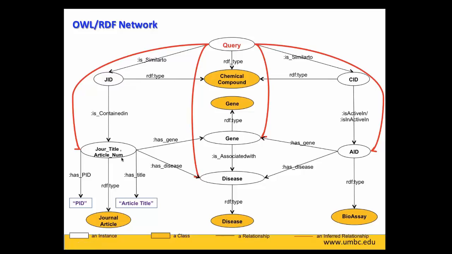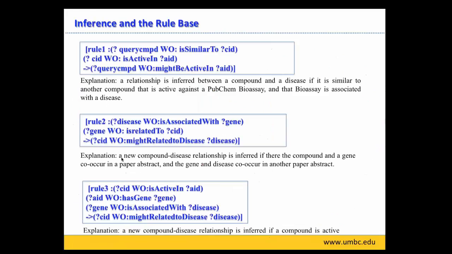So once we have created this ontology, like I said, one of the goals of building this ontology is that we can run automatic semantic reasoning to identify the latent associations. So we generate some inference rules, and we will be able to infer the relationships automatically.